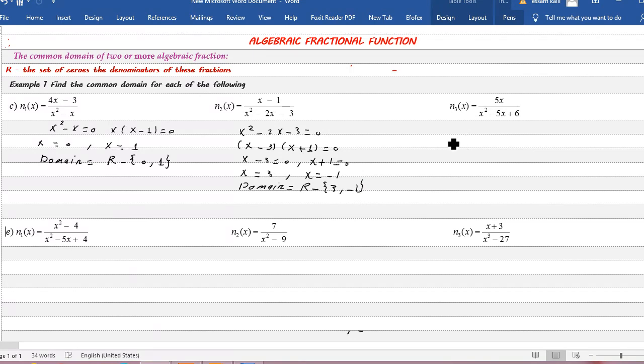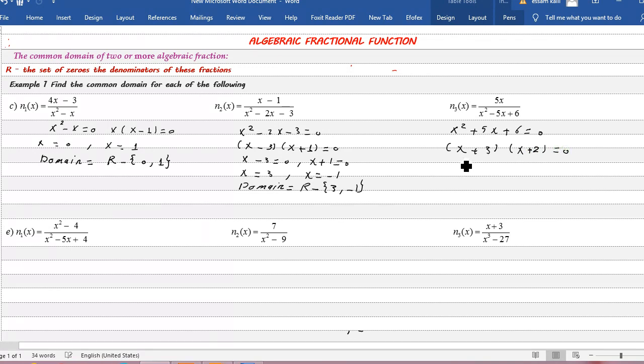Sets of 0 of the denominator, then x power 2 plus 5x plus 6 equal 0. Open two brackets, x and x. Find the product of two numbers equal 6 and the sum equal 5. So 3 and 2. Sign positive, the same sign as the middle term. Positive and positive equal 0.